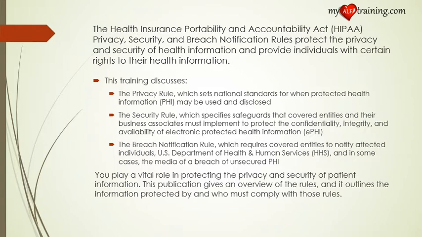This training discusses the following: the Privacy Rule, which sets national standards for when protected health information may be used or disclosed; the Security Rule, which specifies safeguards that covered entities and their business associates must implement to protect the confidentiality, integrity, and availability of electronic protected health information, or EPHI; the Breach Notification Rule, which requires covered entities to notify affected individuals, the U.S. Department of Health and Human Services, and in some cases the media, of a breach of unsecured PHI.